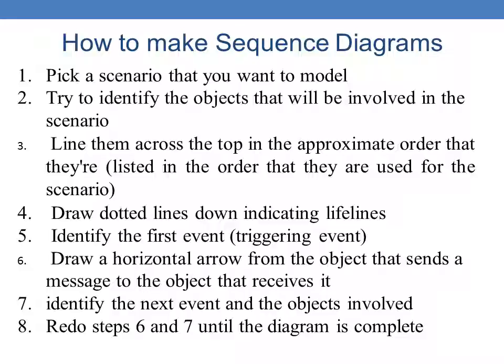Draw dotted lines down indicating lifelines. Identify the first event. Next, draw a horizontal arrow from the object that sends a message to the object that receives it. Identify the name, event and object involved. Repeat the steps until the diagram is complete.